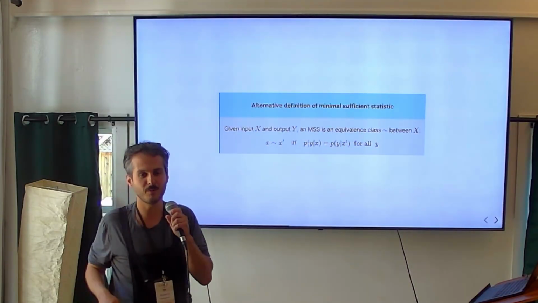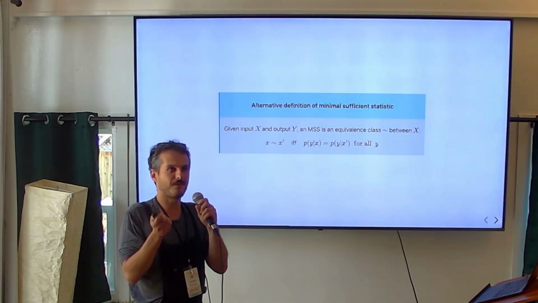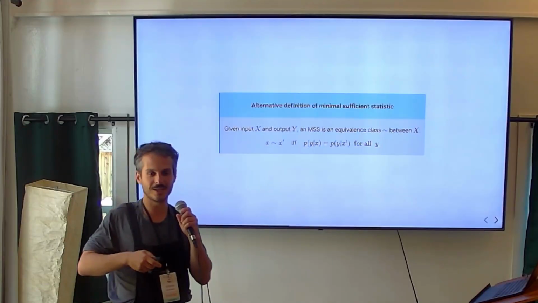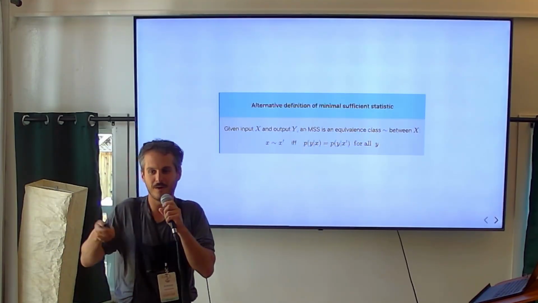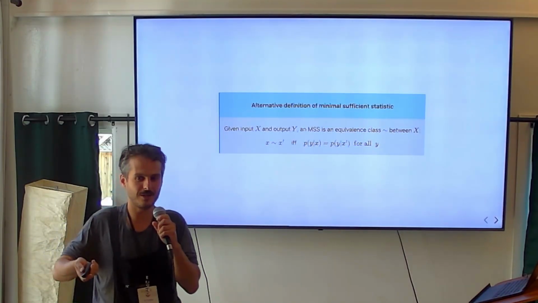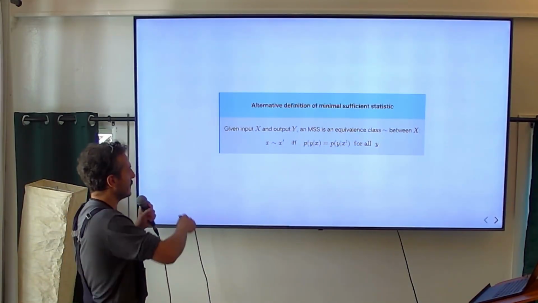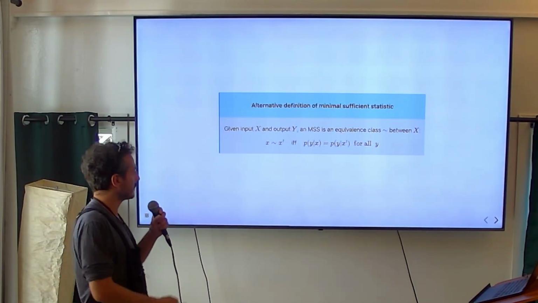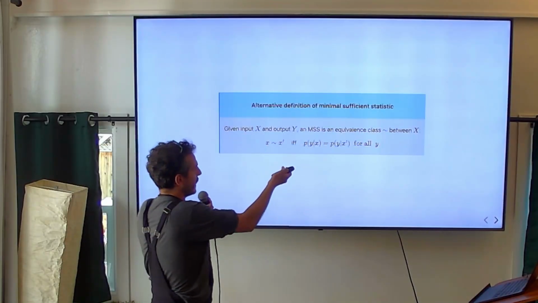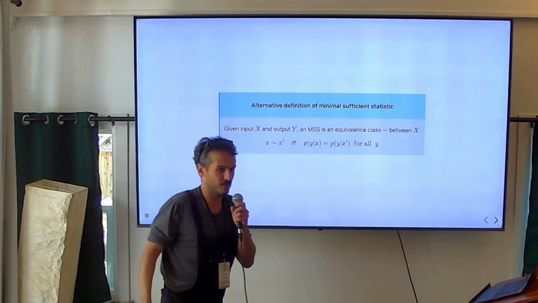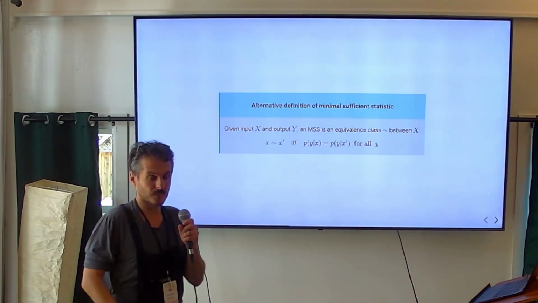It's not the first time it appears, but formally it has some attractive features. It doesn't depend on this arbitrary function f, which is related by invertible transformations to a bunch of other functions. It's a unique equivalence class, and it says that x and x prime are equivalent if they give the same predictions for all y.